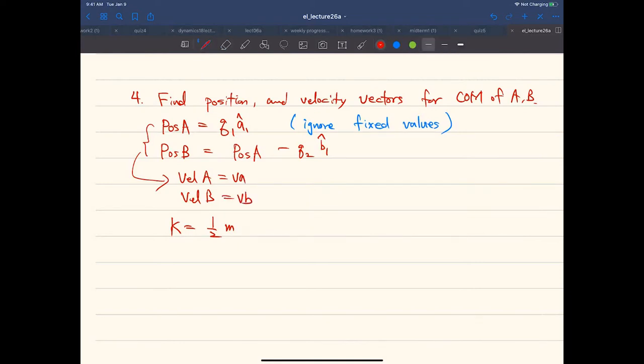Then we have M1 VA dot VA plus M2 VB dot VB, each with a factor of one half. So that is all we need, right?